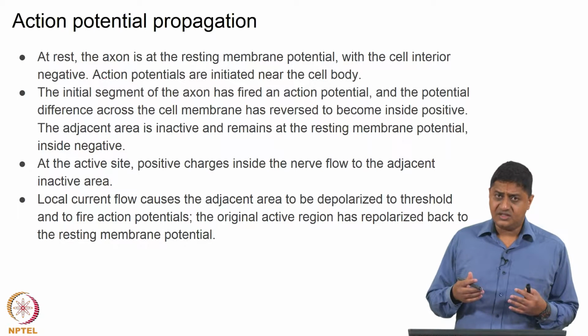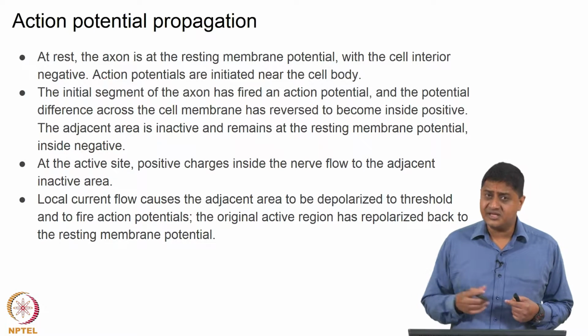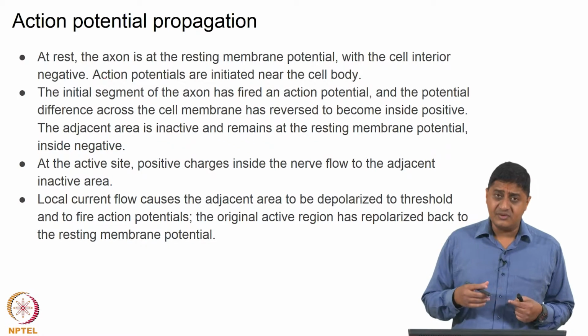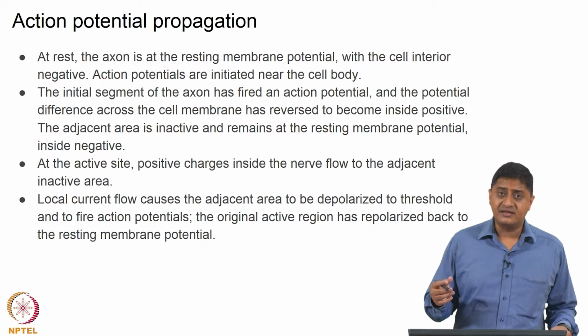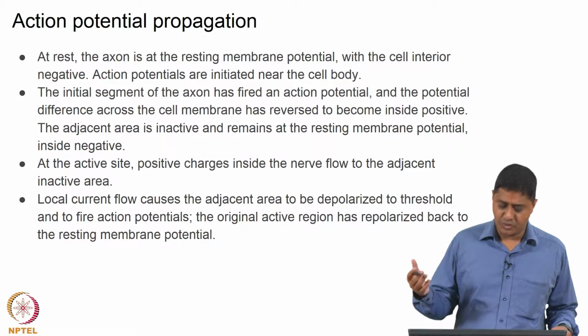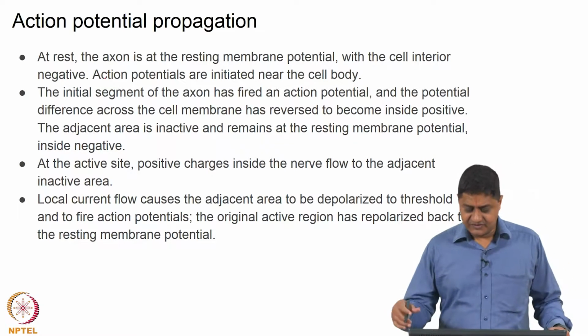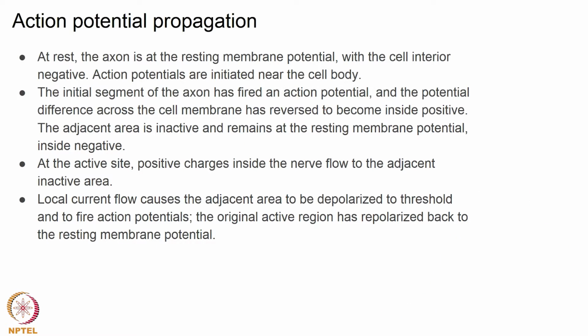This causes the nearby areas to become depolarized, and this depolarization, when it crosses the threshold, will cause the neighboring voltage gated sodium channels to open. This is the mechanism which we will also detail in the next slide.